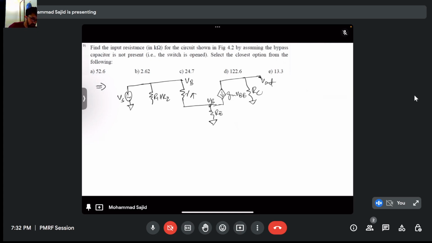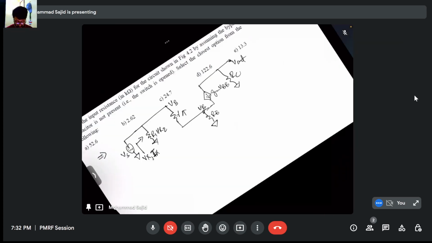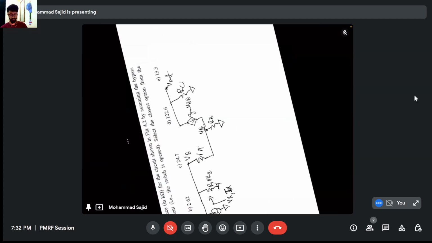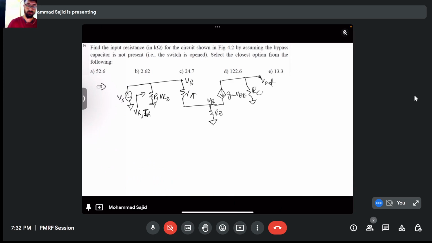Okay, what we have to find is input resistance. That means I have to apply a test source here, Vx, and current Ix flows such that Vx by Ix, when I do Vx by Ix, I get input resistance. Okay, let's just do this part.